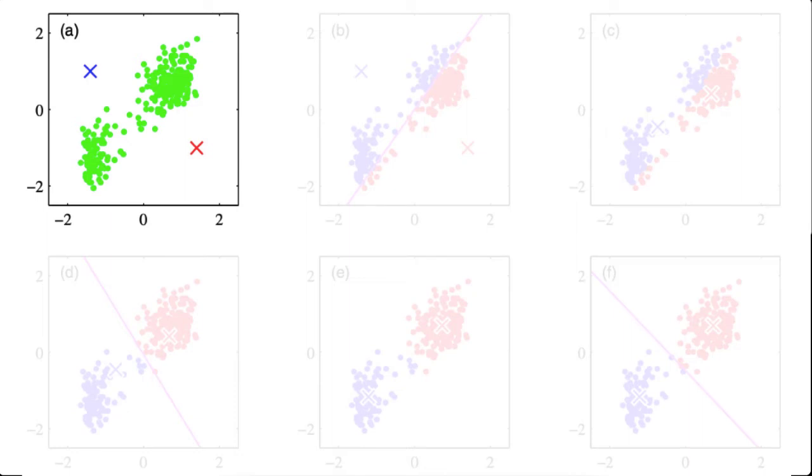So to begin with, what the K-means clustering algorithm does is that it picks up two cluster mean points at random. So here remember that in K-means clustering, the K stands for the number of clusters which has to be provided as a hyperparameter to the algorithm.